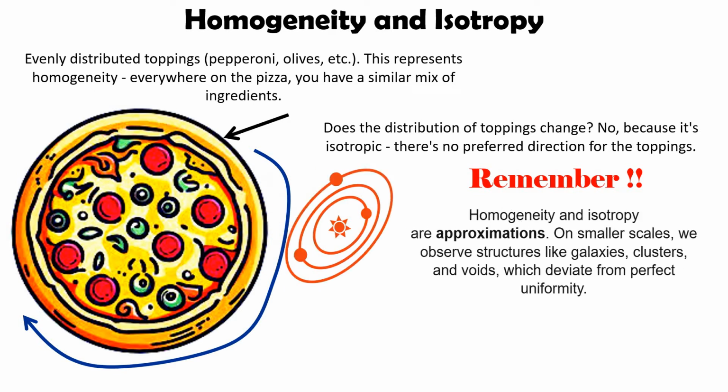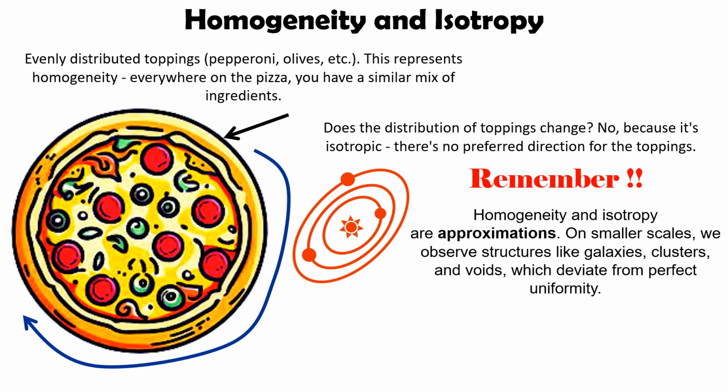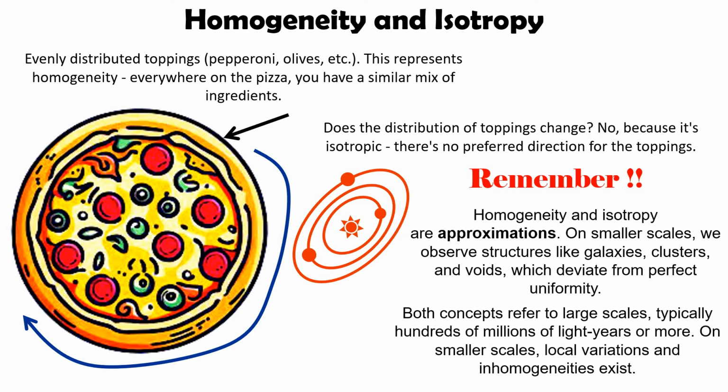And you should remember one thing, that homogeneity and isotropy, although we are making a difference, are just approximations. Because on smaller scales, what do we observe? We observe structures like galaxies, clusters and voids which deviate from perfect uniformity. So both these concepts refer to large scales, not to small scales, typically hundreds of millions of light years or more.